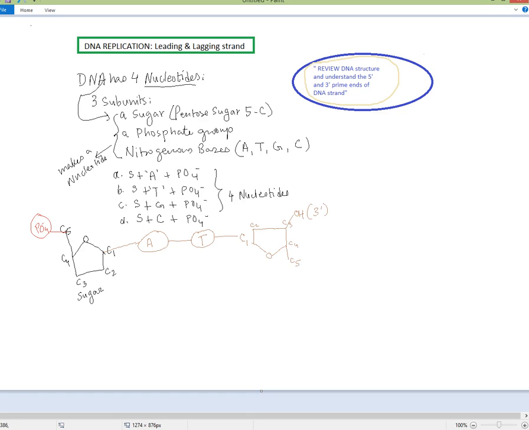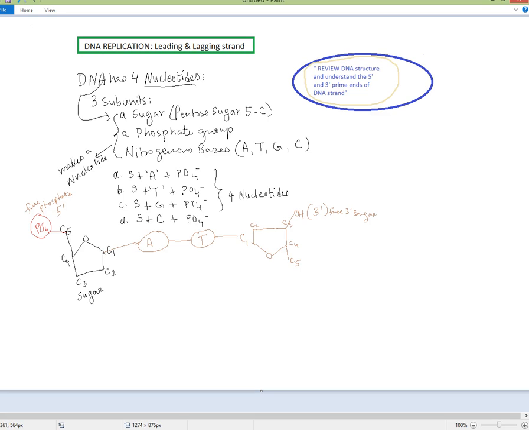It's called 3 prime, and this is the 5 prime free phosphate, and this is the 3 prime free sugar.